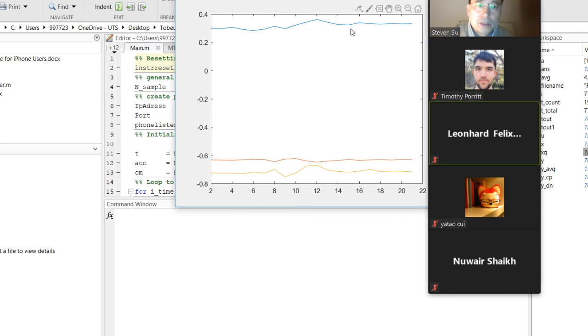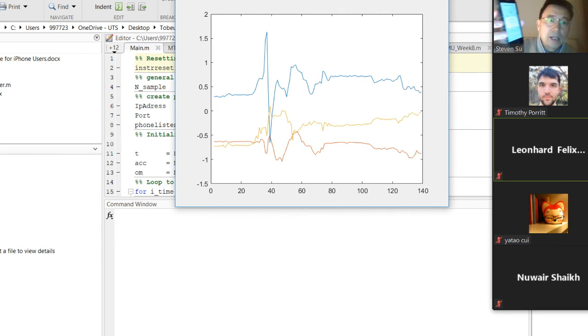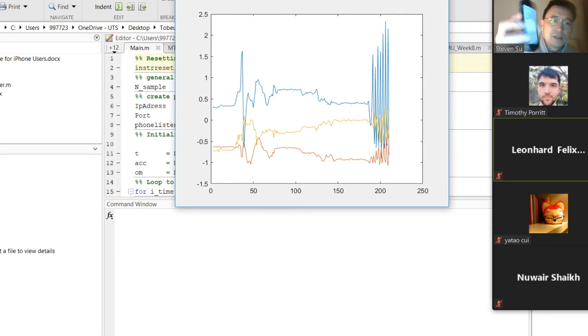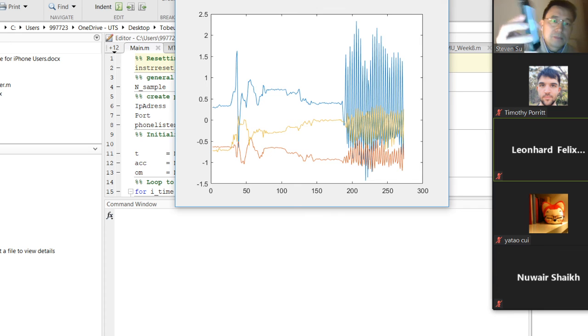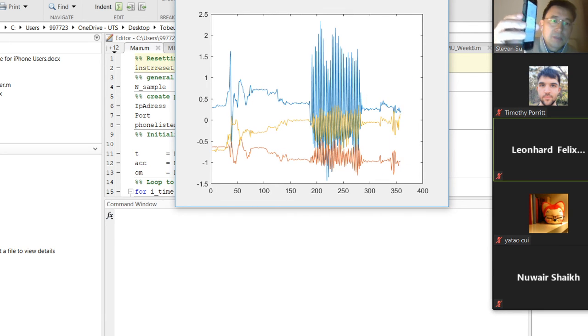Can you see the data already? So this is the data. If I swing my iPhone, you can see the output changing.